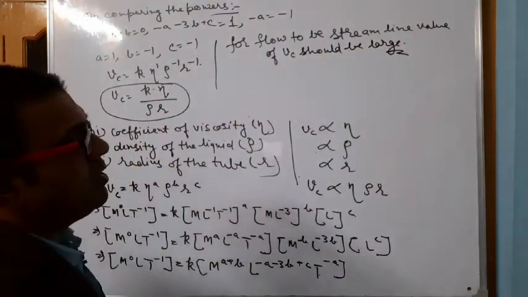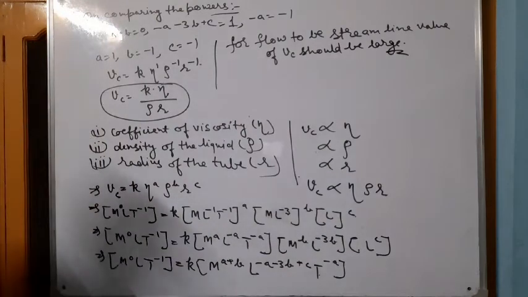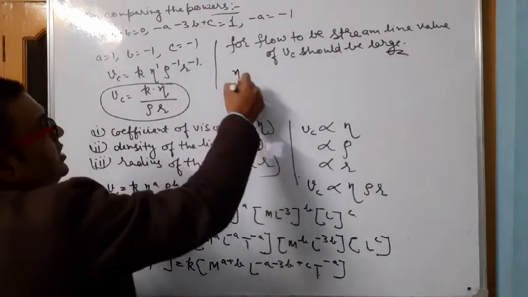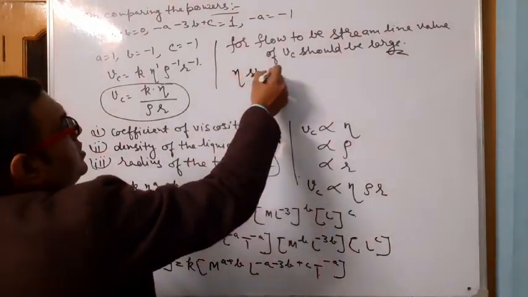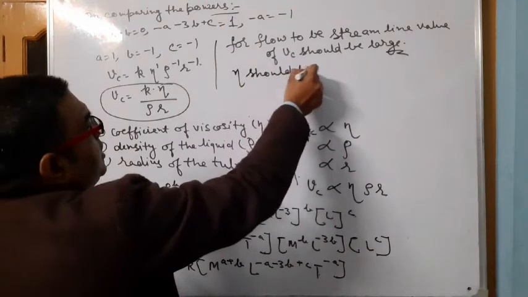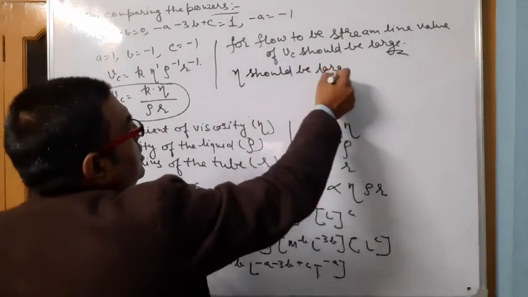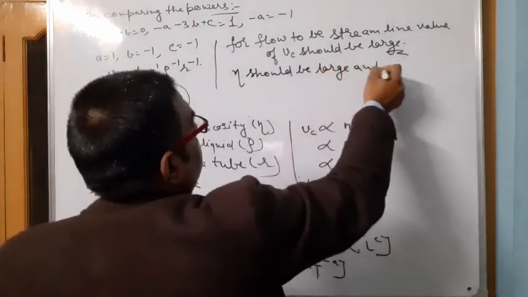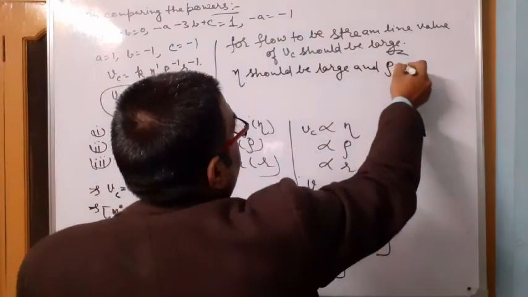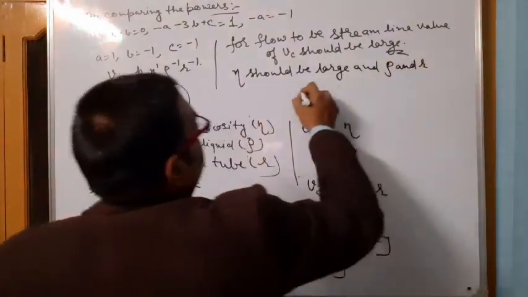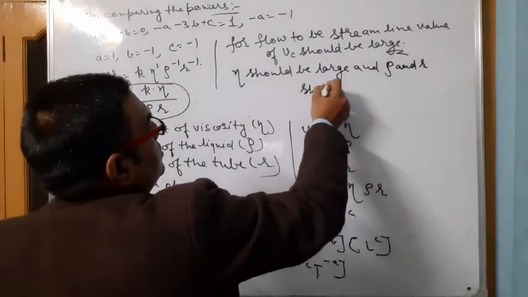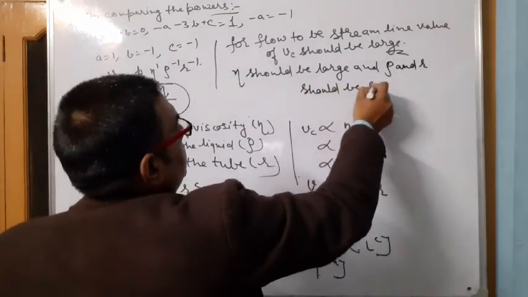And for the value of Vc to be large, what are the conditions? Eta should be large, and rho and r should be small.